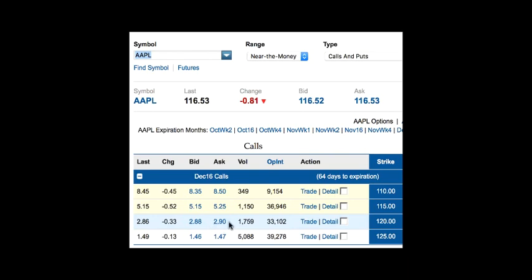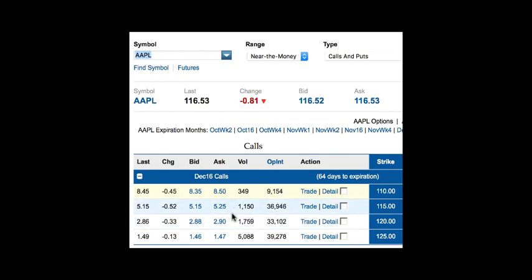Now, these are just separated basically by one unit. So one is in the money and one is not, and they're the closest to each other. But the price is so different, $525 versus $290. So you can see just how powerful this is. If the price of Apple stock just climbs and puts the $120 strike price in the money, that $2.90 is going to jump up to something similar to that $5.25.